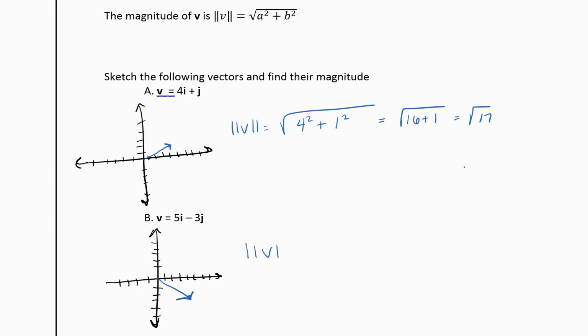So the magnitude of this vector, we'd have the square root of 5 squared plus negative 3 squared. So the square root of 25 plus 9, so we'd have the square root of 34. So the magnitude formula here is really the same as the absolute value of a complex number, or that r value in polar form.